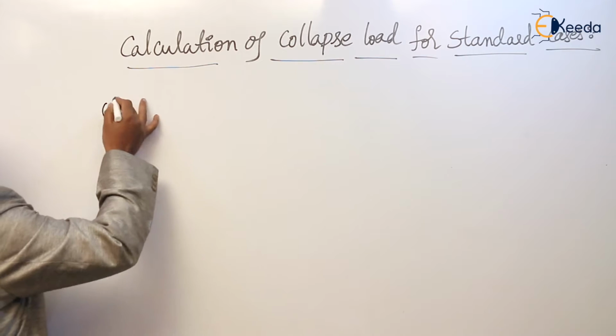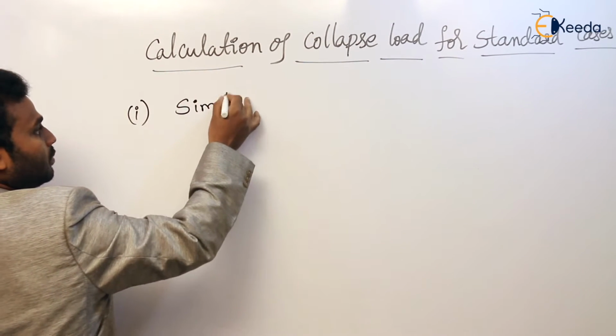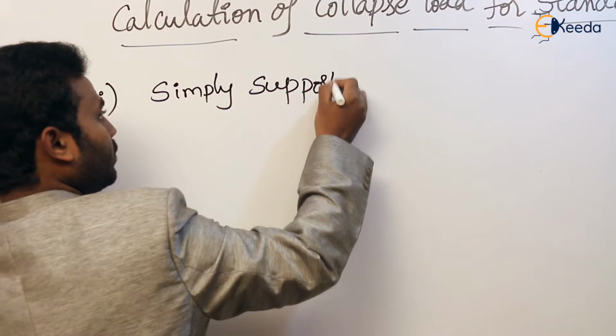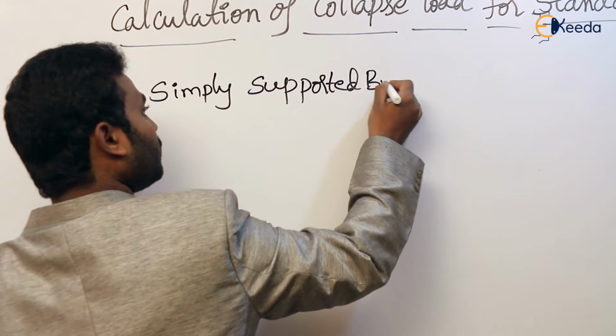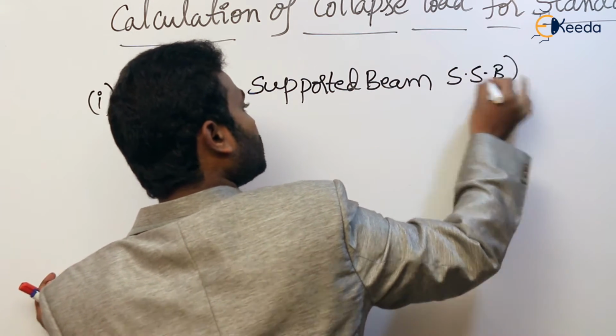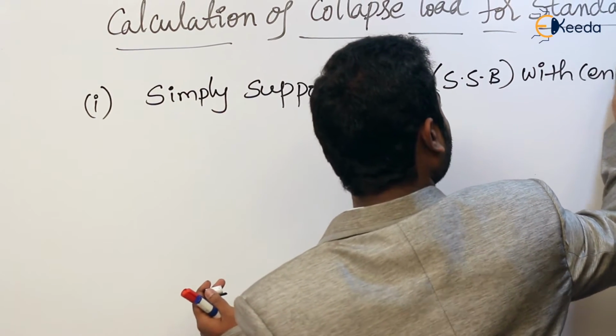So the first case is a simply supported beam, nothing but SSB, with center point load.